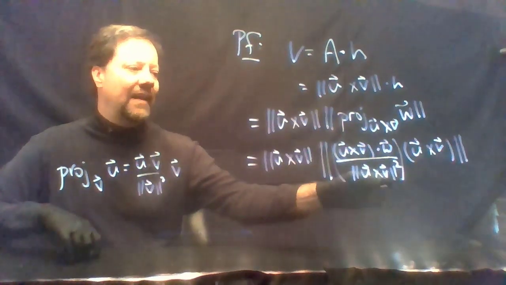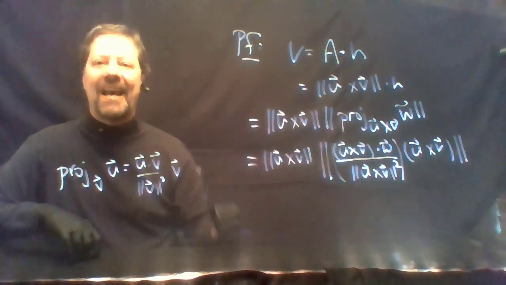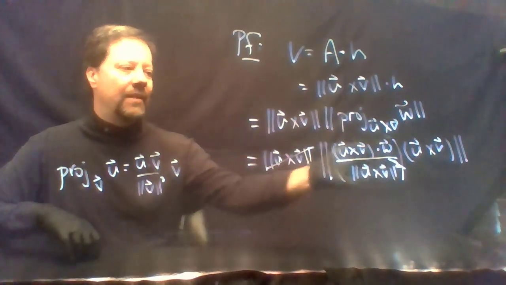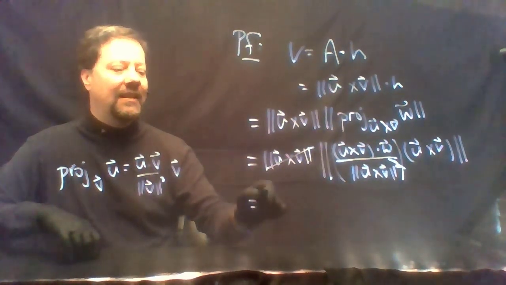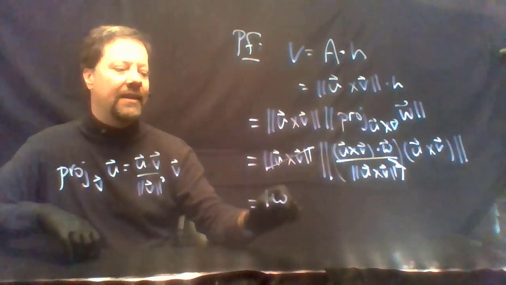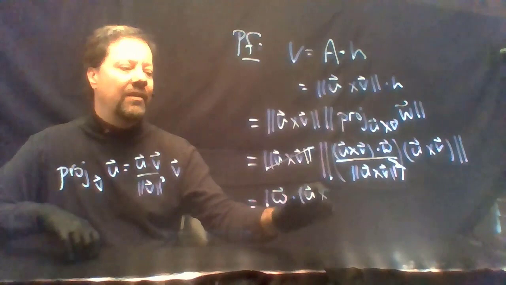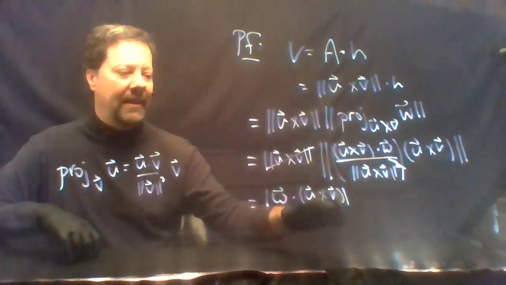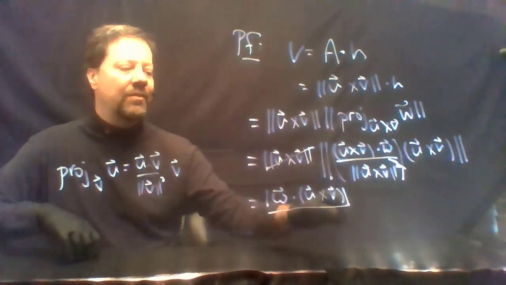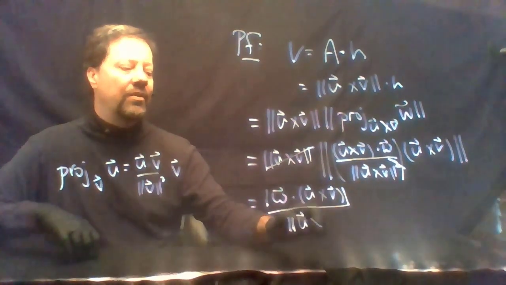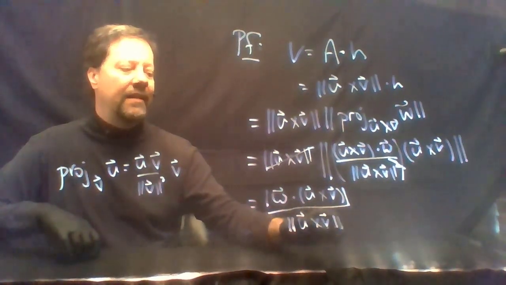Scalars can come out of norms in absolute value. This will cancel one of those. The rest of this can come out in absolute value. We'll write it as w dot u cross v in absolute value. We'll still have one factor of the norm u cross v in the denominator.